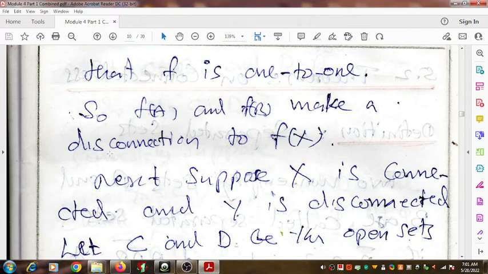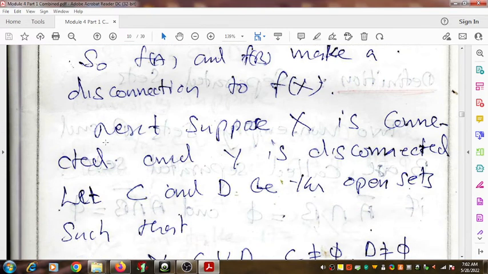Hence, whenever X is disconnected, we get that f(X) is disconnected. We get this using the fact that f is a homeomorphism and that X has a disconnection.